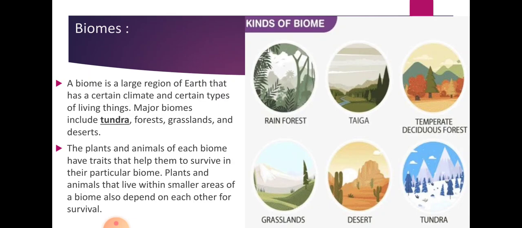So that will last for a longer period of time. The food which is stored in the hump of the animal can last for a longer period of time. So that is what the camel did, the camel adapted itself.